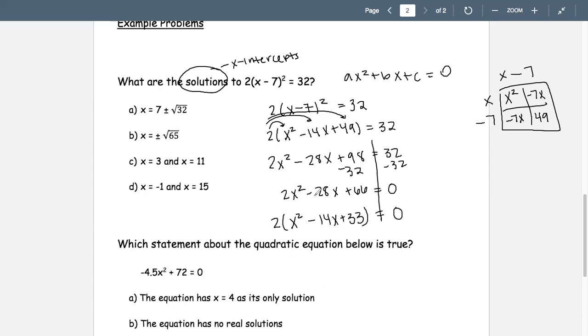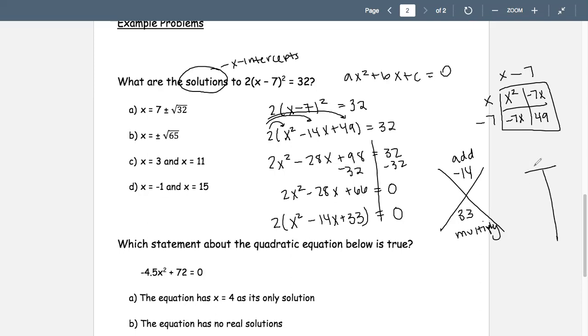So, question, if I covered up my 2 right here, what method could I use now? The X method, and that's exactly what I'm going to use. Anytime you can factor out a number, you can just go ahead and divide everything by that number to make it a simpler thing. So now I want to figure out what adds to give me negative 14, but multiplies to give me 33.